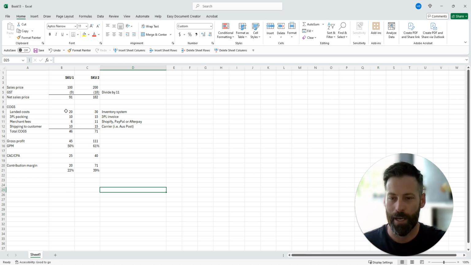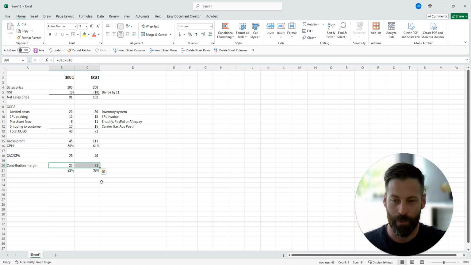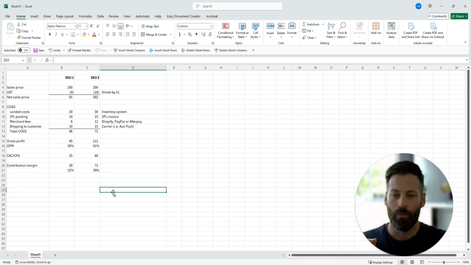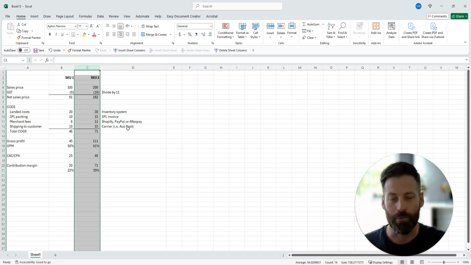The first thing is, let's say these products have a very different dollar value in terms of contribution. Assuming you can continue to sell as much of each of these as you want and you've got them in stock, these different contribution margins would indicate that I should be putting all of my marketing spend behind that particular SKU.